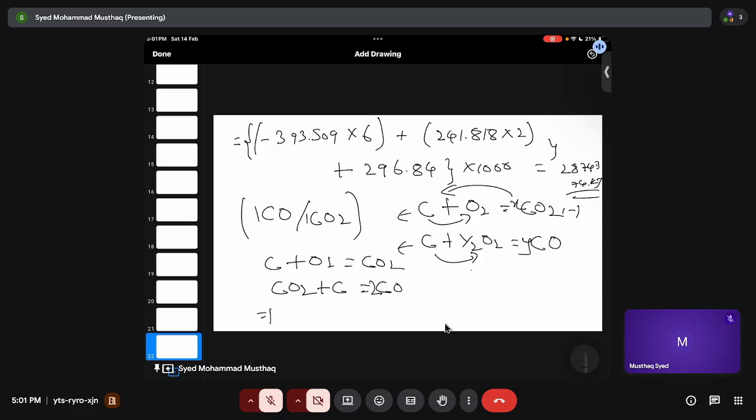The amount of carbon that has reacted here will be 1, the enthalpy of formation of CO2 will be 1525 times 6, because we are only considering 100 kgs, plus the standard enthalpy of formation of CO, okay, the standard formation of CO.